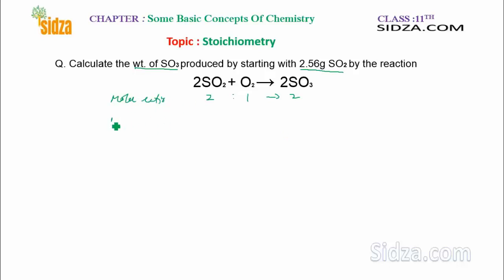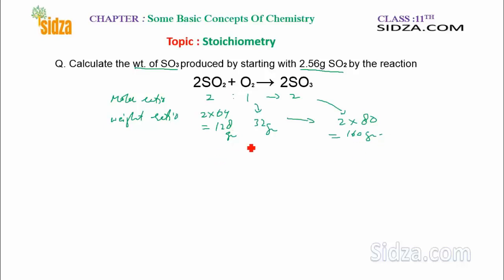And what will be the weight ratio then? The weight ratio from this balanced equation is 2 times 64, which is 128 grams. So 128 grams of sulfur dioxide will react with 1 mole of oxygen, which in terms of weight is 32 grams, and you get 2 moles of sulfur trioxide, which is 2 times 80, since the molar mass of SO3 is 80, so it will be 160 grams.